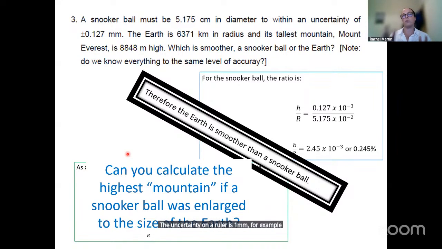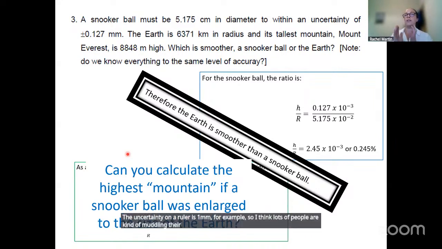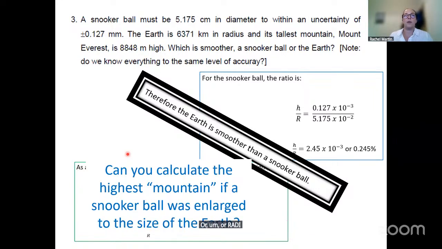So I think lots of people are kind of muddling their rules there, whereas in this question, you just need to use the uncertainty that you are told and treat that as a percentage of your total diameter or radius. Because you can assume that you can trust that information in the question.